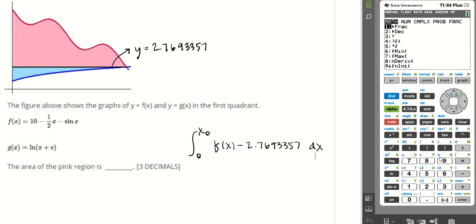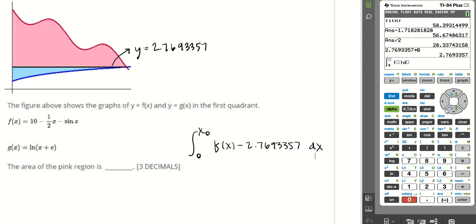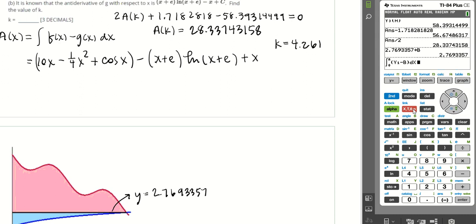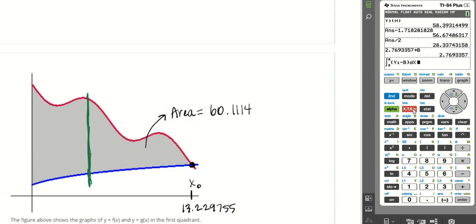And so I'm going to integrate math 9 from 0 up to x0, which I'm hoping is stored in A. y1 minus b dx.